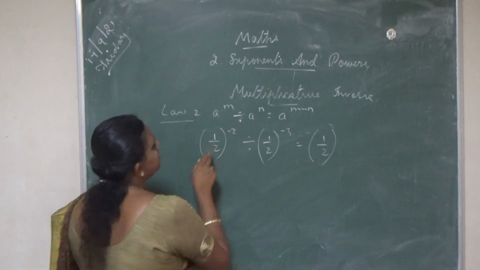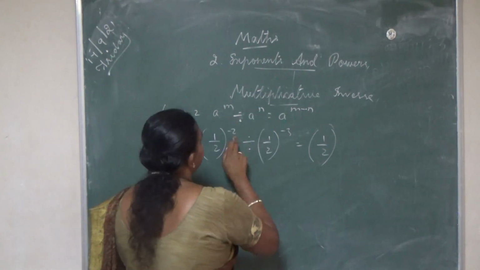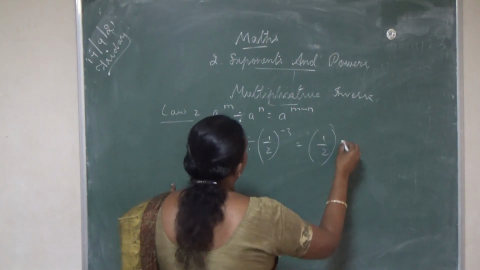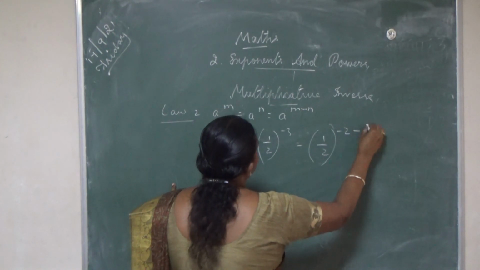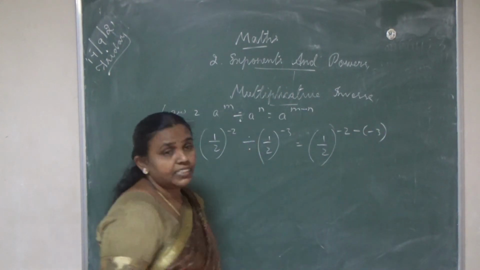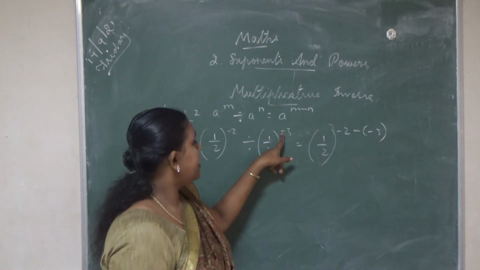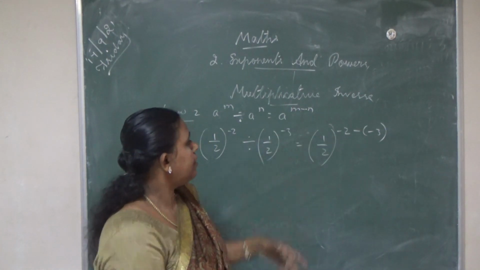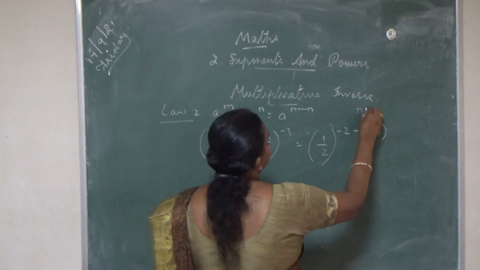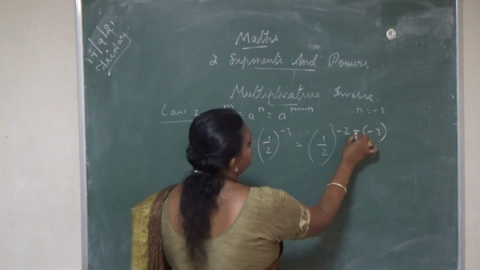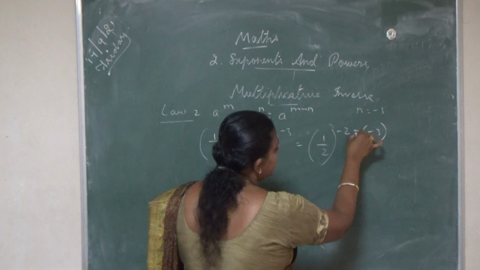Here a is 1 by 2, m is minus 2, n is minus 3. 1 by 2 the whole power minus 2 minus of minus 3. Here the value of n is minus 3. Before n there is one minus, that is minus 2 minus of minus 3.